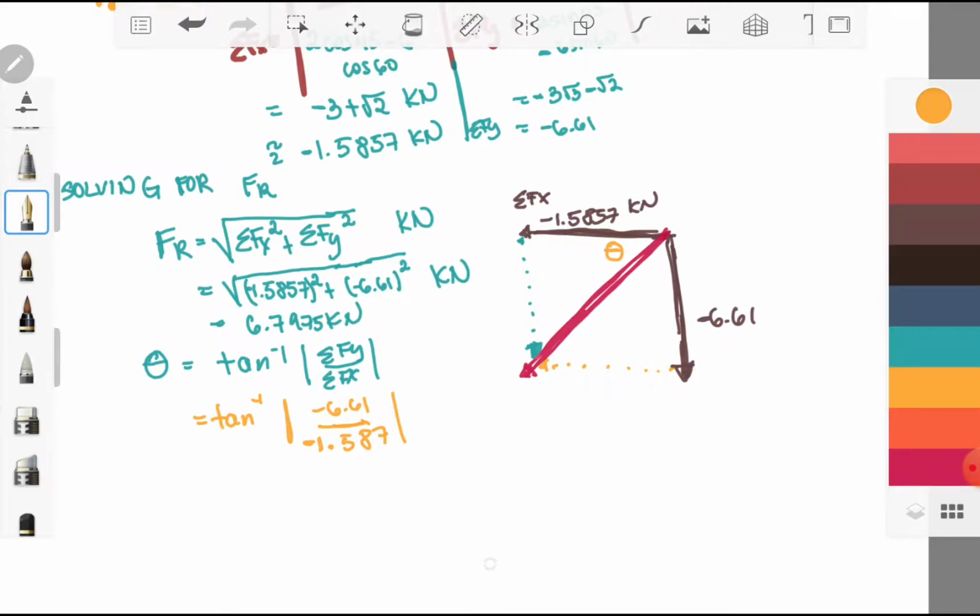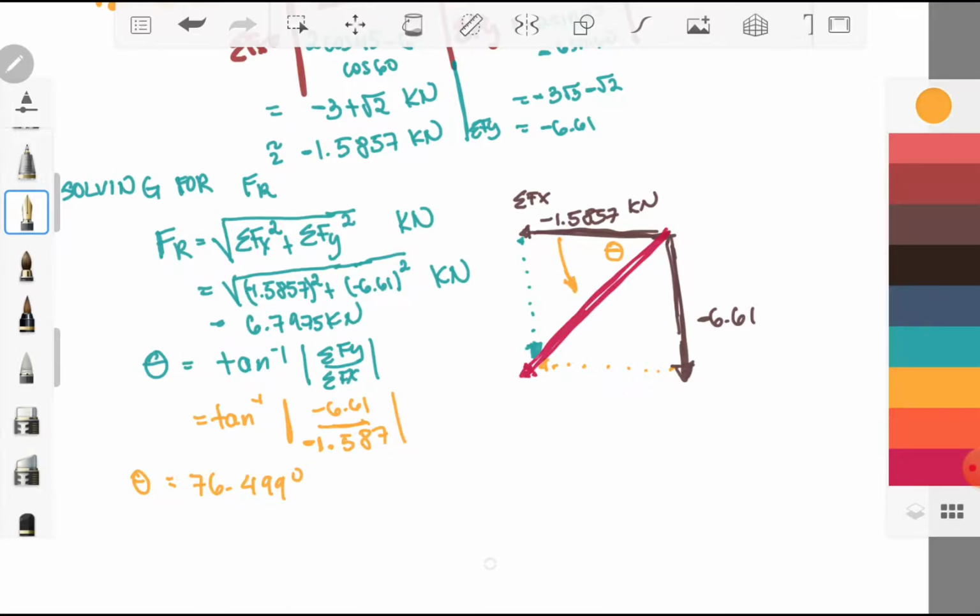So you have shift tan of negative 6.61 divided by negative 1.587. You'll have theta equal to 76.499 degrees. This is the theta when you are projecting it counterclockwise from the x-axis.